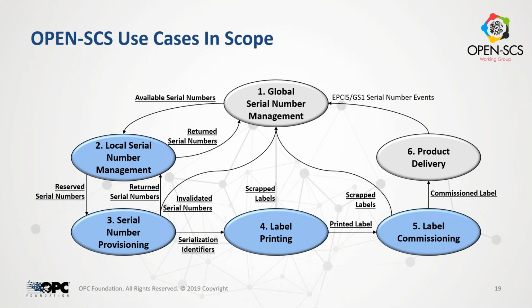And then the labels themselves, when they're applied, that's called commissioning. That's called taking the label and applying it to a product. And I'll show you a little bit further on where some of these terms come from. These are terms that are EPCIS GS1 terminology. And then finally, we take the product and we deliver it out, and it goes someplace into the supply chain or into the transportation chain that you may have.